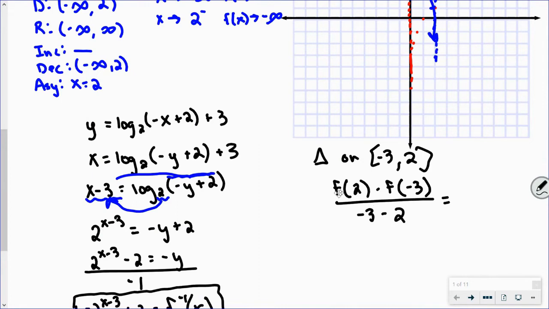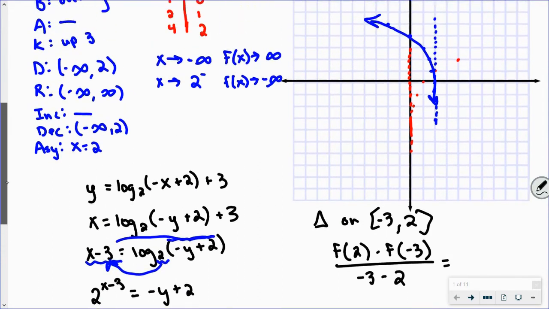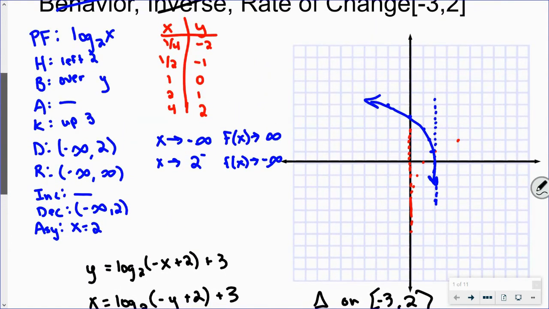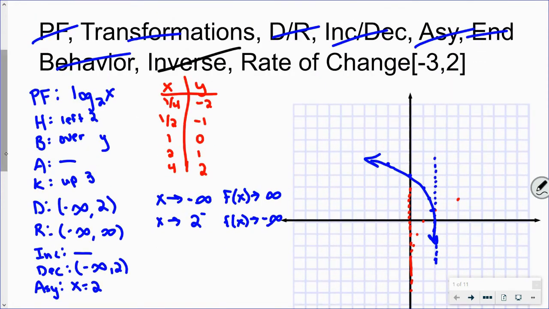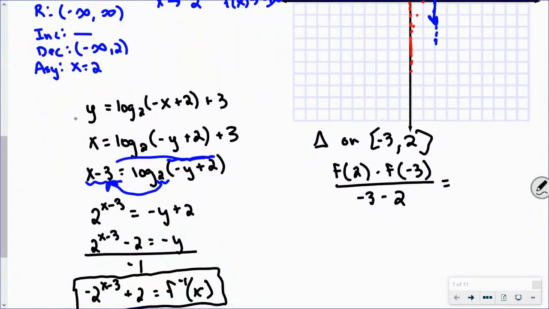So if I find f of 2, and this is our parent function here, did we have f of 2 right here? Yeah, it was like 1.75. Again, you can plug that into the actual function. Here's the function. You can plug that into the function.